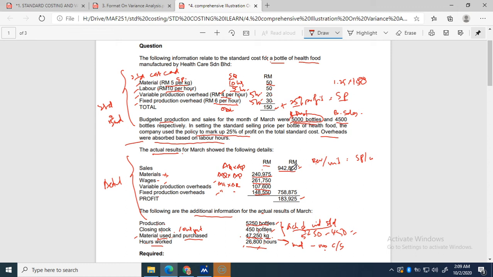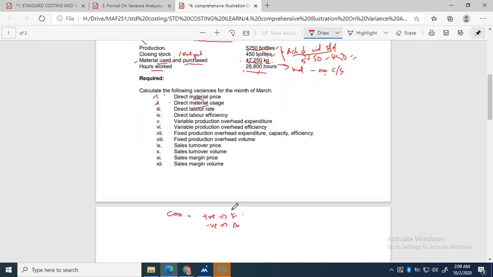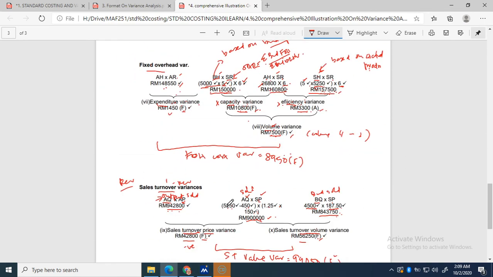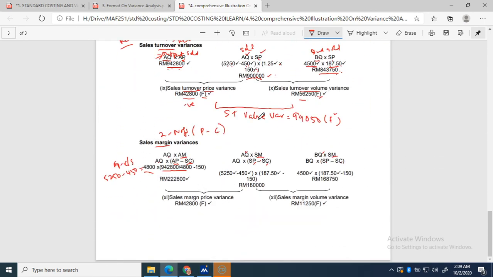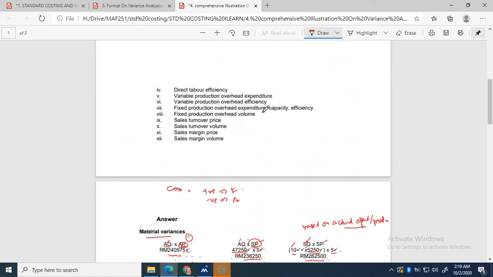So actual revenue 942,800 divided by the 4,800 units sold gives the actual price, minus the standard cost. How to get this standard cost? The standard cost comes from the standard cost card.